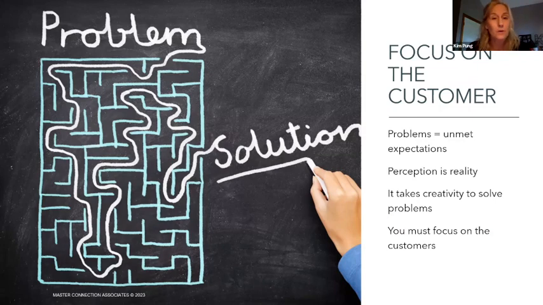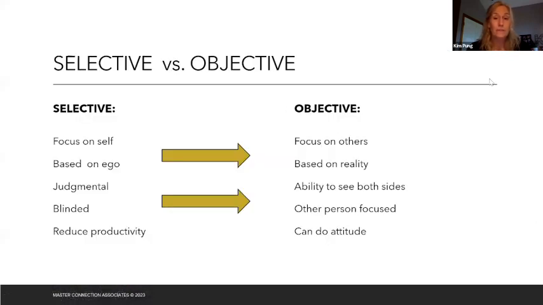So we need to focus on the customer. We need to work from their reality, their perception. We need to be creative to work through these unmet expectations. And that means that, in an objective way, we focus on them. It gives us the ability to see both sides. We have a much more other-person focus than just being focused on us.